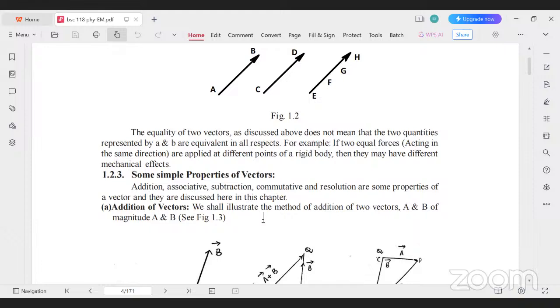Let me tell you, a rigid body is nothing but fixed. The position is so fixed, it does not move from one place to another place. It cannot be moved. For example, pillars, poles, transformers are fixed, they cannot be moved, all the time fixed.